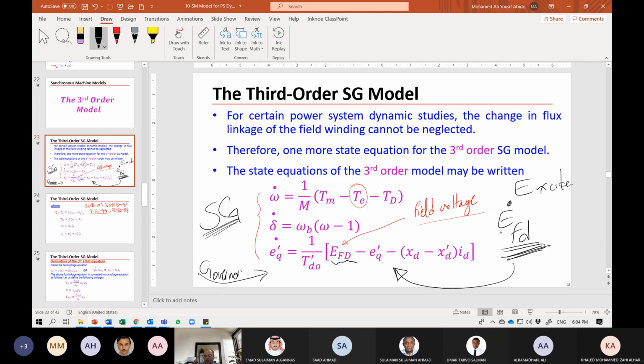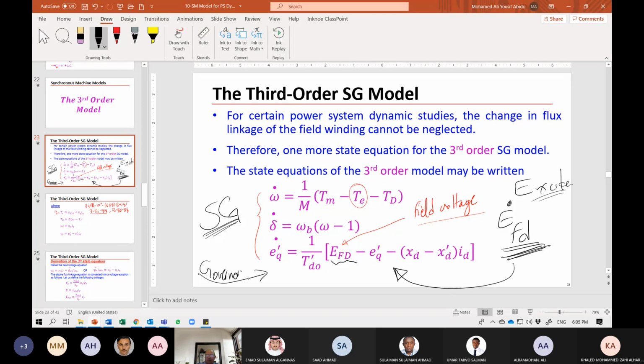In practical real life you can have dozens of differential equations for the exciter, but assume that this is the simplest model. So the exciter will be considered here to get the complete model of the synchronous machine, the exciter and the governor. For the exciter, we will add here EFD prime.